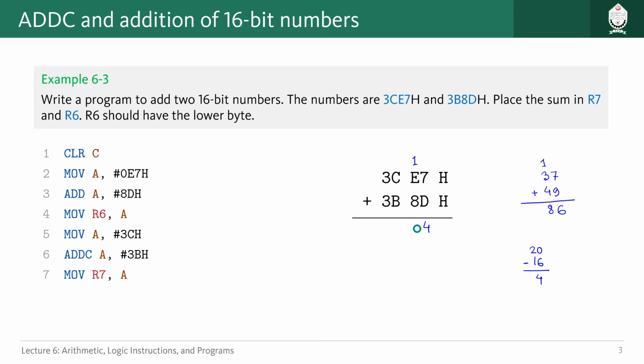So here what will happen, E is equal to actually what? A is 10, B is 11, C is 12, D is 13, E is 14. So 14, 8 and 1, right? 14 plus 8 plus 1 equals to what? 23. And also here we have to subtract 16 from that because this is more than 16, so the value should be what? 7.